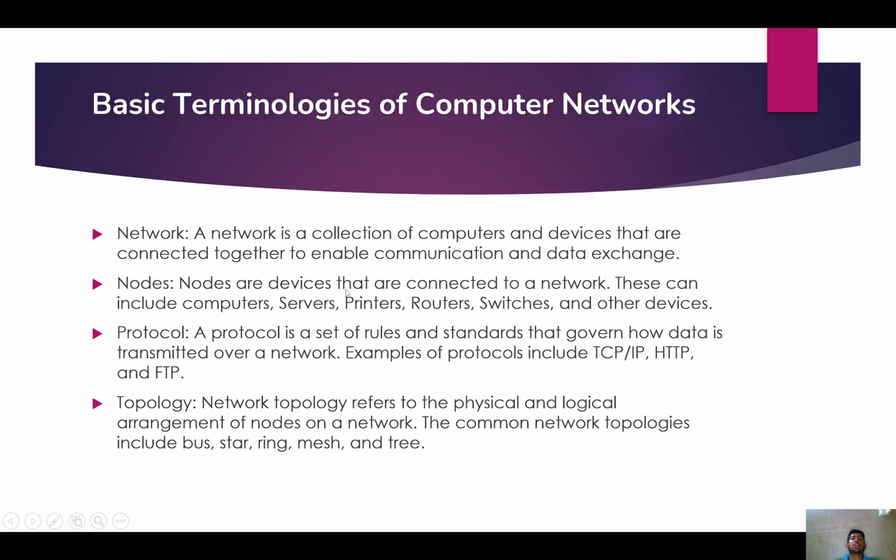Nodes. Nodes are devices that are connected to a network. These include computers, servers, printers, routers, switches, and other devices. We can take the example of printers. We can connect to them from our laptops or smartphones. We can print wirelessly.